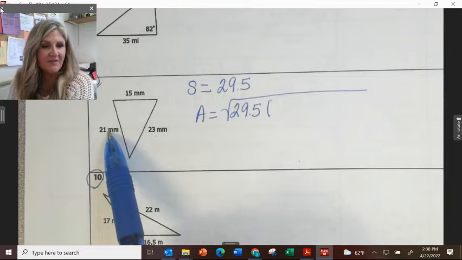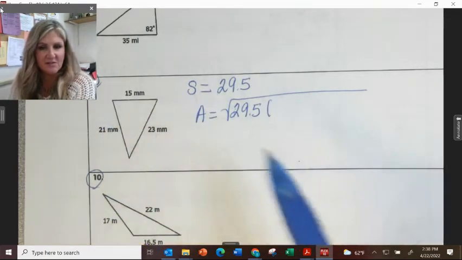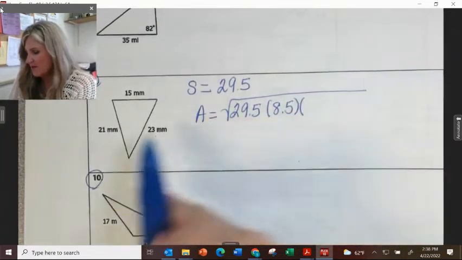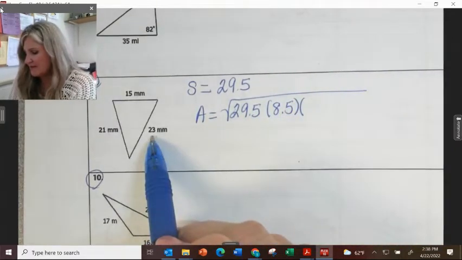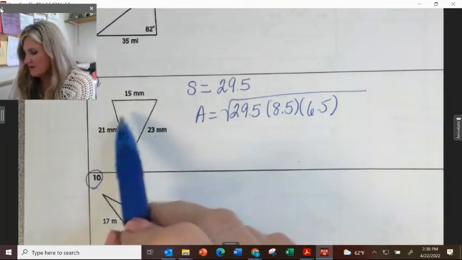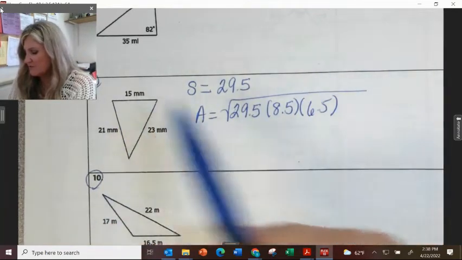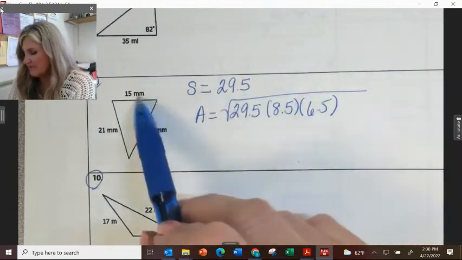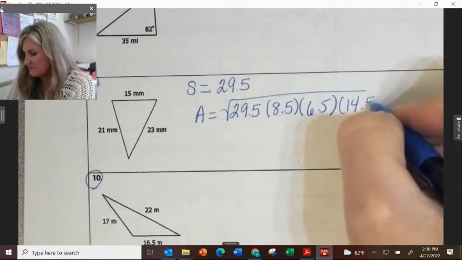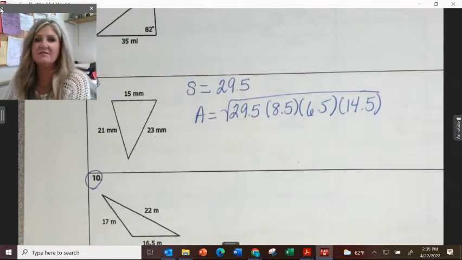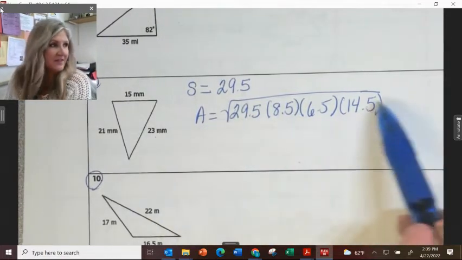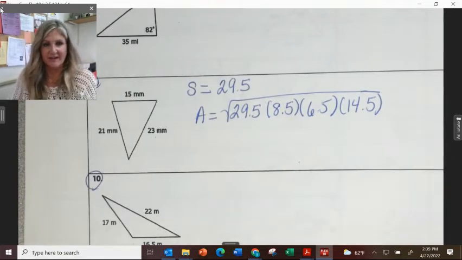So 29.5 minus 21 is what, 8.5? 29.5 minus this 23 would be 6.5. 29.5 minus 15 is 14.5. Is there a question? So once I get all of these in here, now I just need to use my calculator.